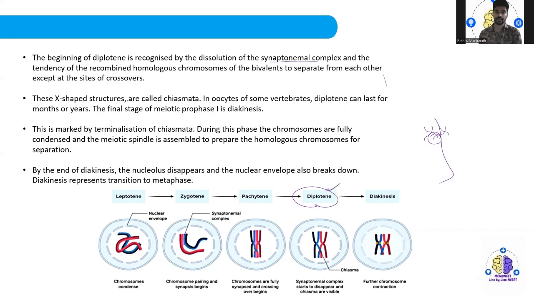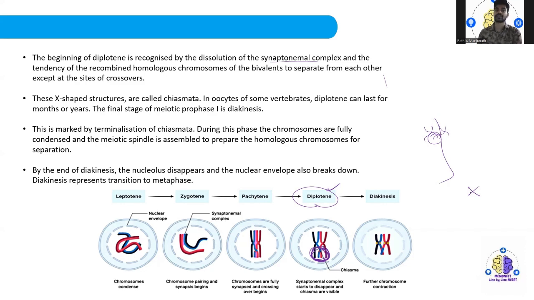The X-shaped structures are called chiasmata. Whatever structure you are seeing here is called a chiasma, the X kind of shape. In the oocytes of some vertebrates, the diplotene can last for more than a month or a year.